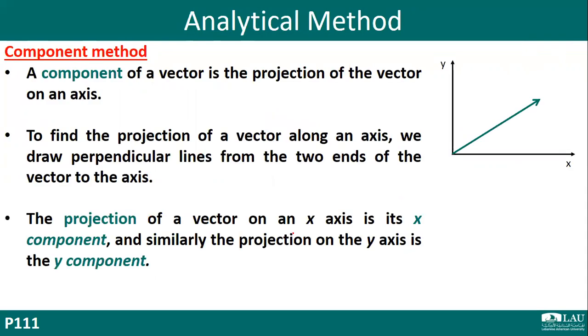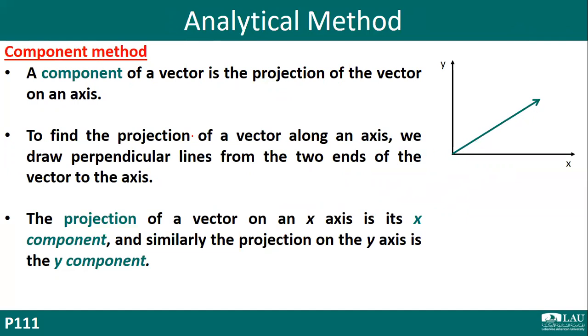Now, regarding the analytical method, or the component method, we need to use the vector definition and some trigonometric functions. We need to know that a component of a vector is the projection of the vector. Here we have our vector in green.